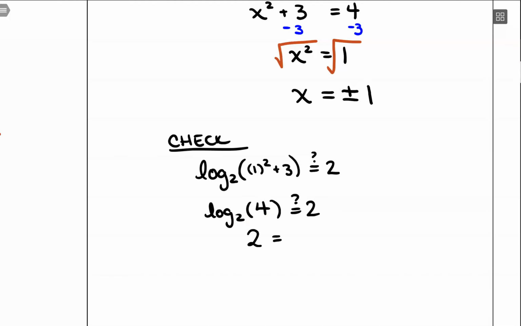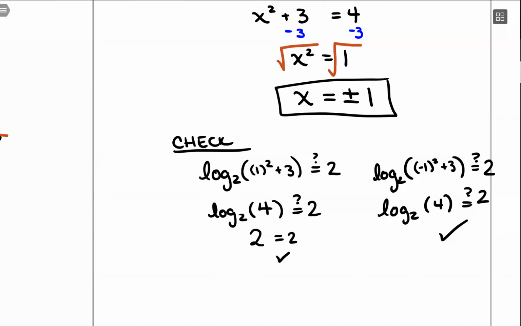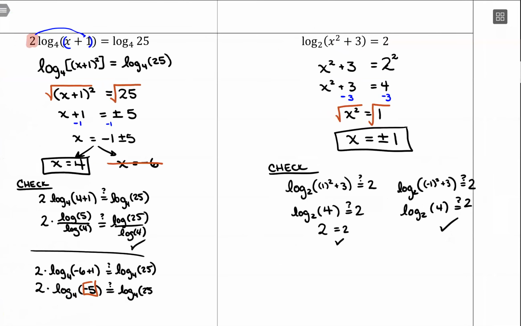And that would be 2. So that works great. If we plug in -1, because we're squaring it, it ends up being okay. Because when we square it, that'll be a positive 1 plus 3, so we end up evaluating the same thing. So x can be positive 1 or -1 with that solution.